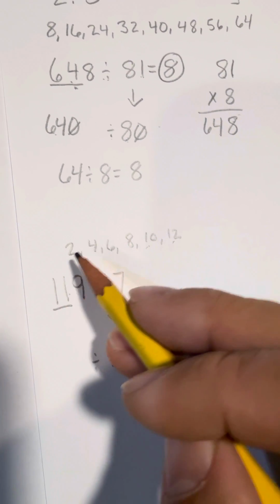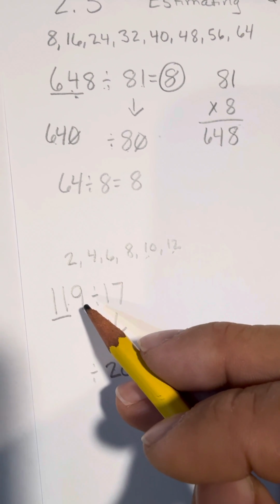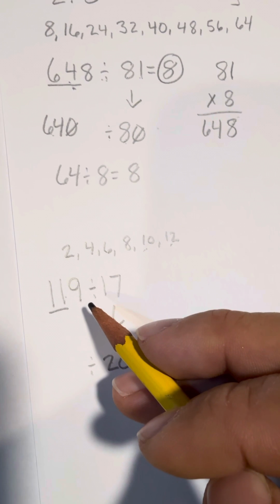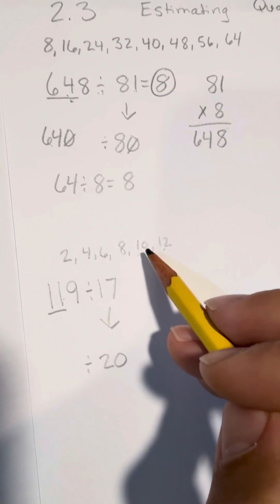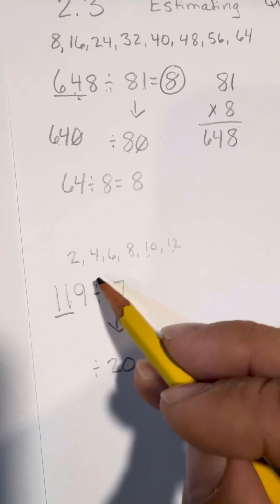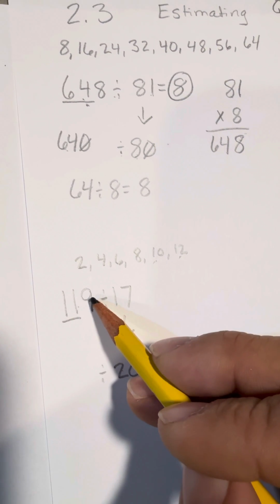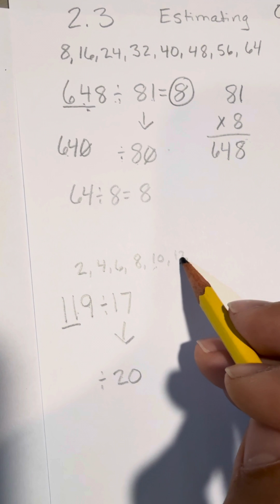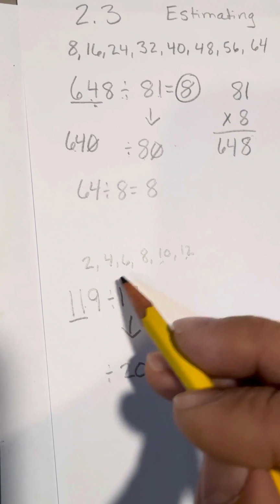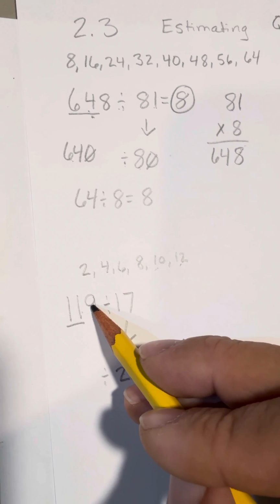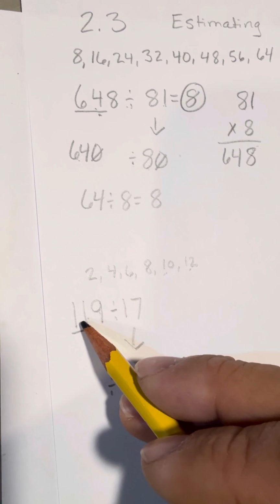When we're picking our numbers, we always want to be the most accurate from the beginning. Do you see this 9 right here? This 9 is telling me that I'm actually closer to the 12, because this number makes this number go higher.